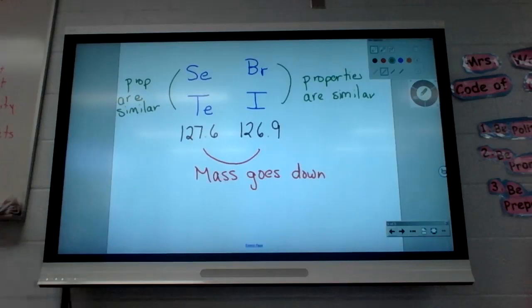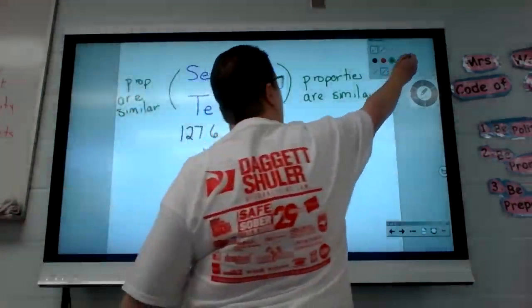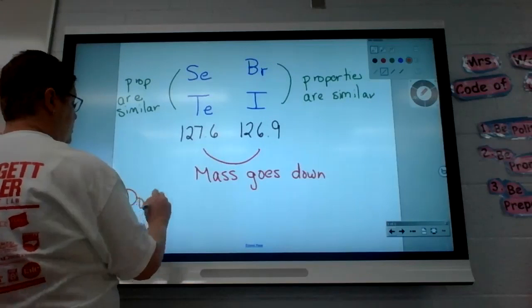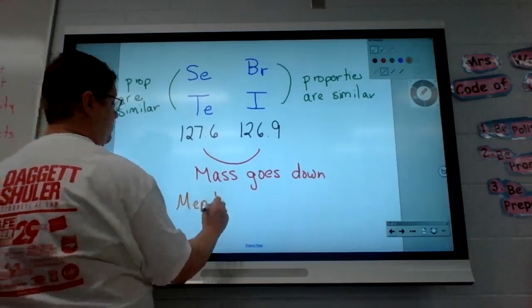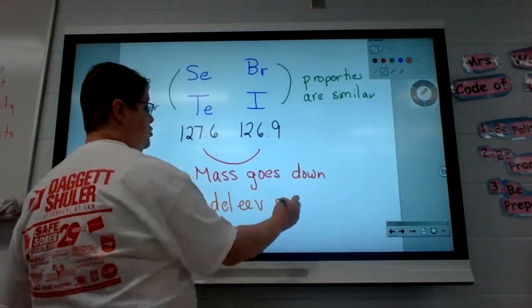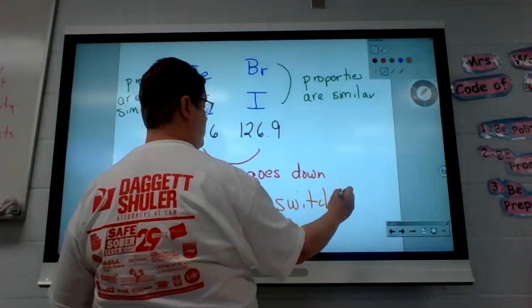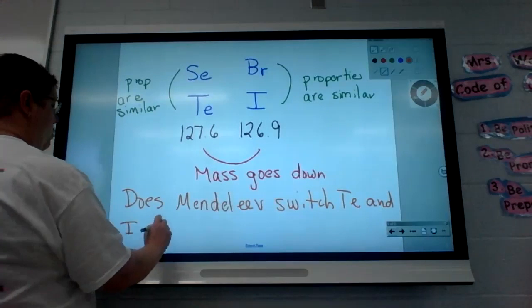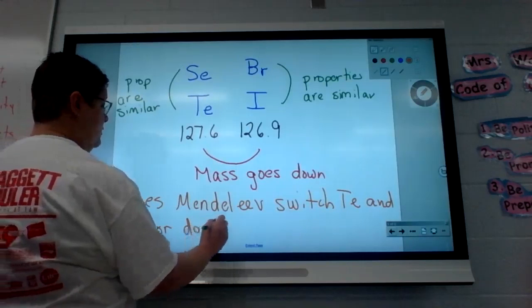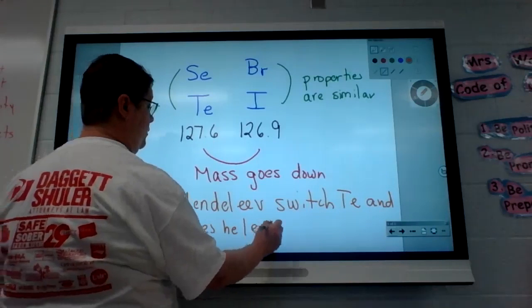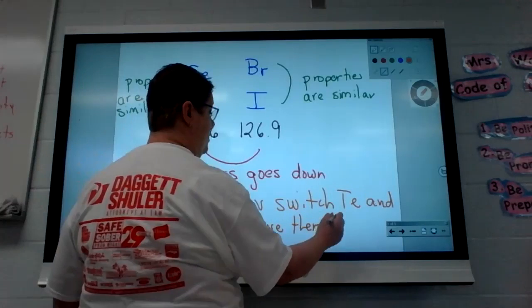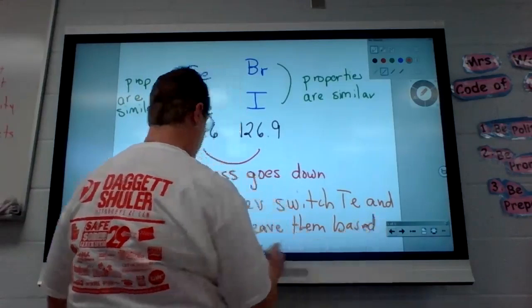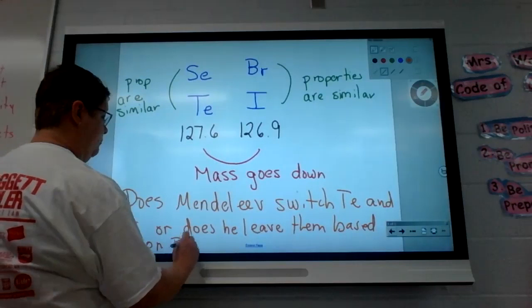All right. So the question becomes for Mendeleev: does he switch Te and I, or does he leave them based on properties?